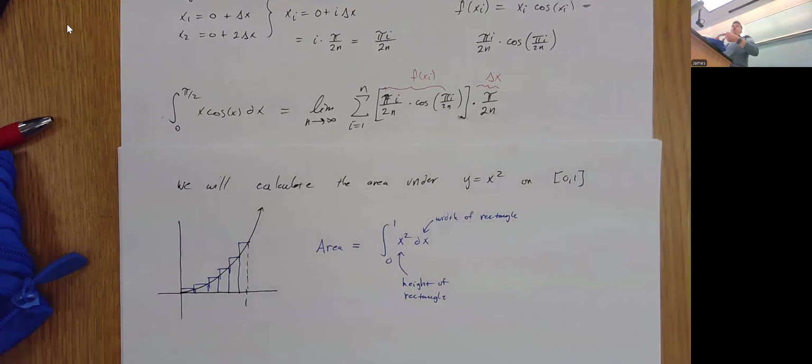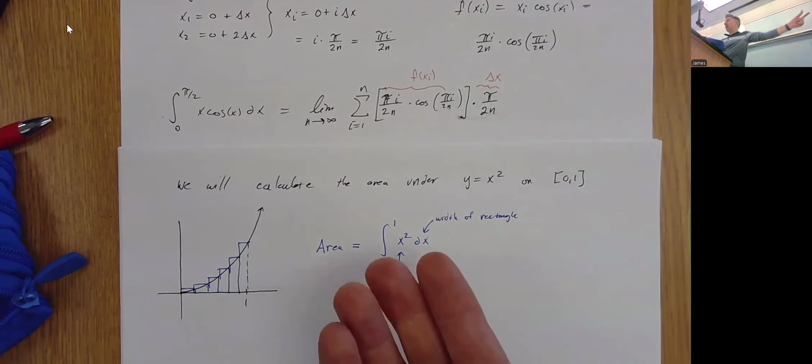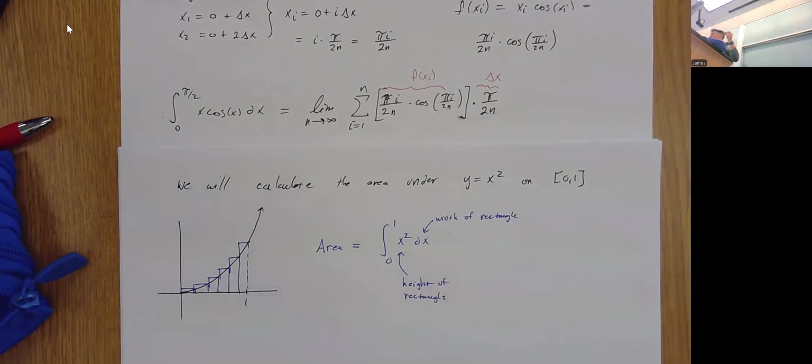So there's a natural correspondence between dx in the integral notation and delta x in the summation notation, and between f of x in the integral notation and f of x sub i in the summation notation. Because really we're just adding up areas of rectangles, and the area of a rectangle is just base times height.